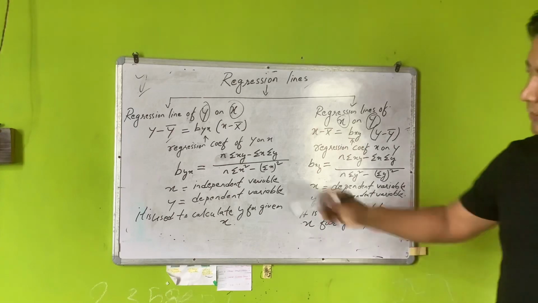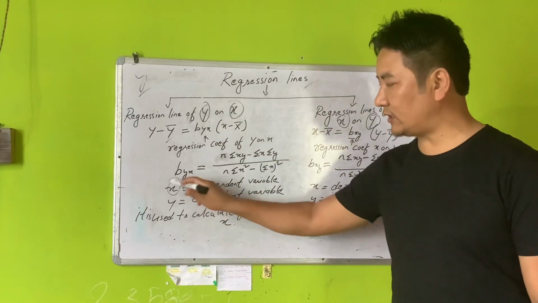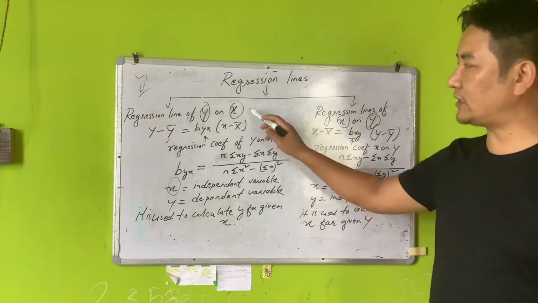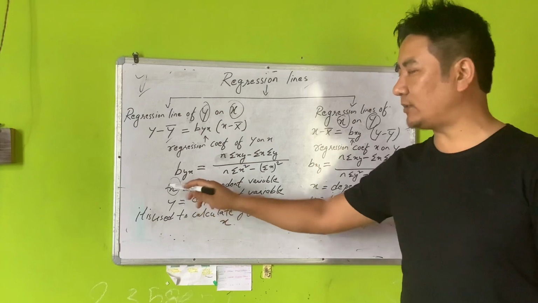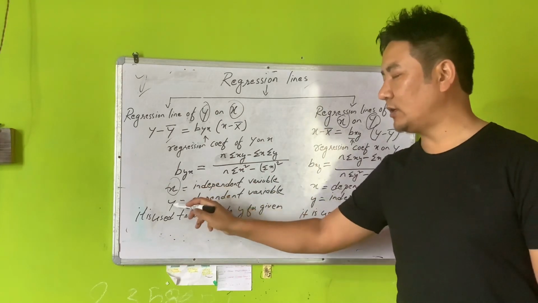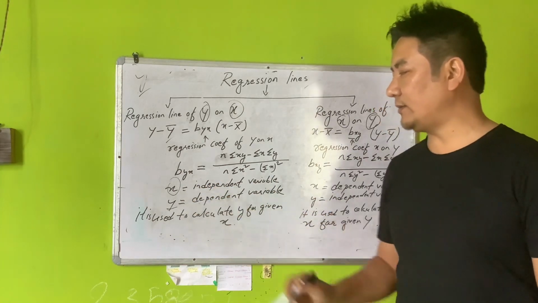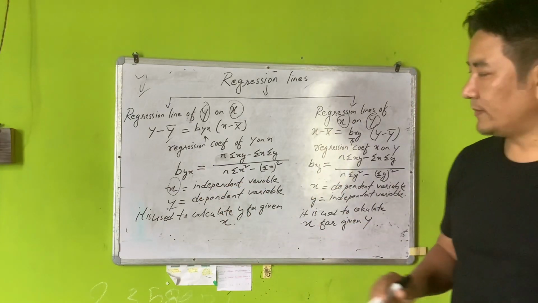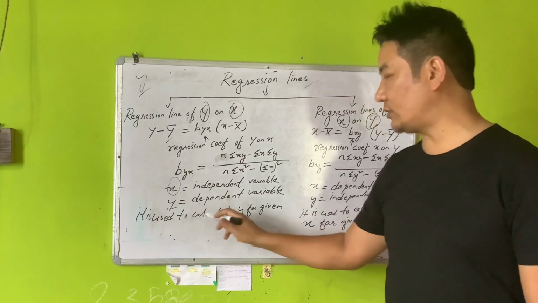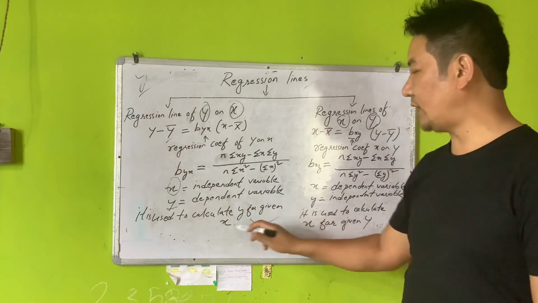Here x is the independent variable because x is given, and y is the dependent variable. y is dependent upon x. If x is given and you have to find y, then y is the dependent variable and x is the independent variable. So the byx formula is used to calculate y for given x.